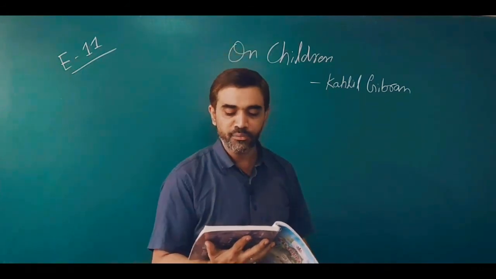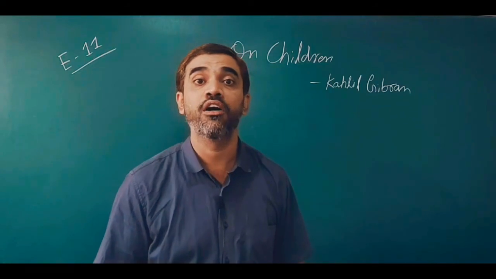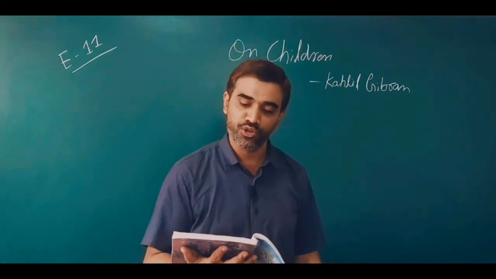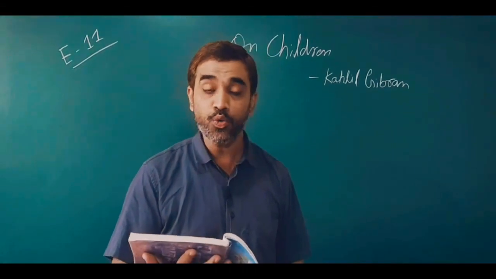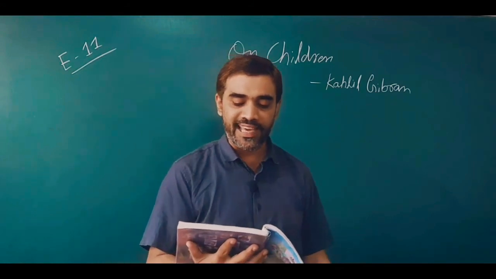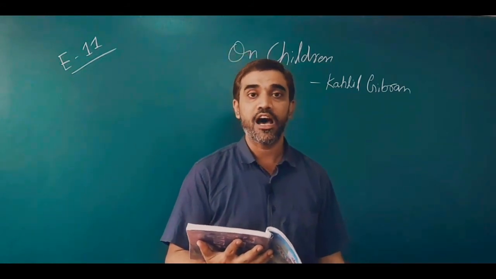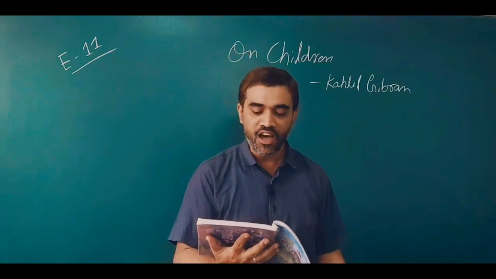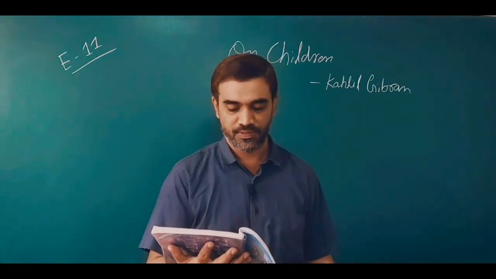You may give them your love, but not your thoughts, for they have their own thoughts. You may house their bodies, but not their souls, for their souls dwell in the house of tomorrow, which you cannot visit, not even in your dreams.